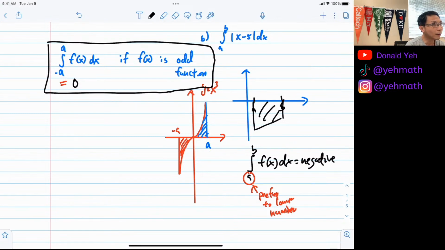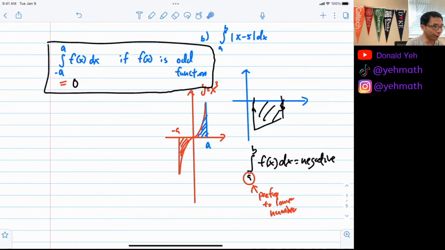Because the part under the x-axis would be negative, and the one above it would be positive, and it's both A, so it would be the same number. Yeah, they are symmetric about the origin, so this area must equal this area. But one is positive, one is negative, so they offset each other. Does that make sense? They cancel each other.